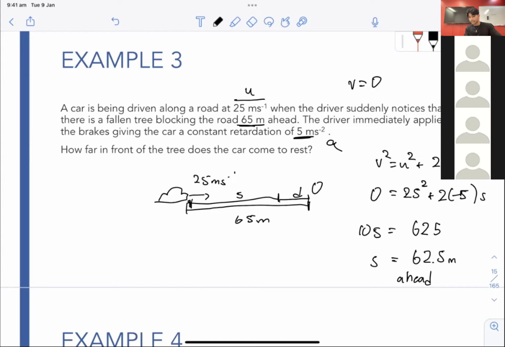So what we're saying is the car, when it hits the brakes from this distance, it'll only slow down for about 62.5 meters.